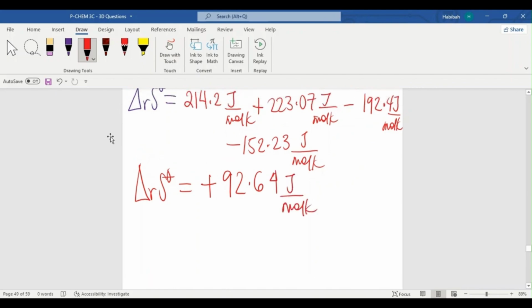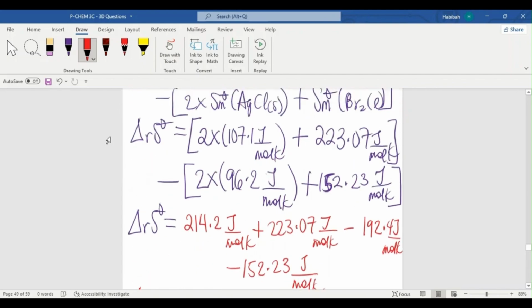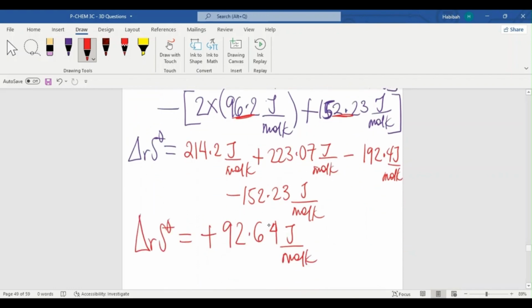But then again, we are scientists and we want to make sure we have the proper number of decimal places. So we go back to our question and see the values we had before we started the solution. We have one decimal place, two decimal places, one decimal place, two decimal places. We're going to pick the one with the lowest number of decimal places. So our answer ends up being that the change in standard entropy of reaction is positive 92.6 joule per mole Kelvin.